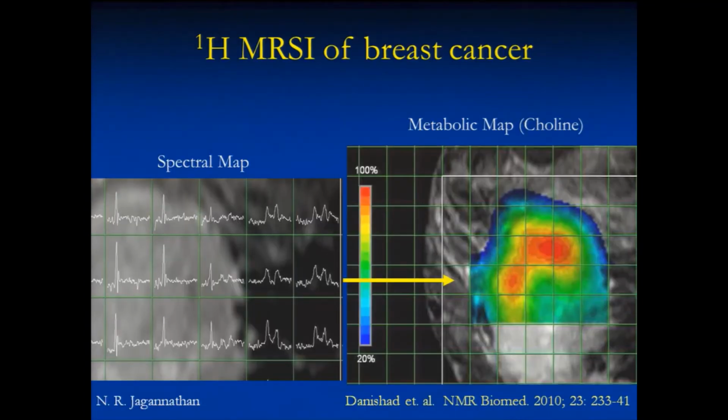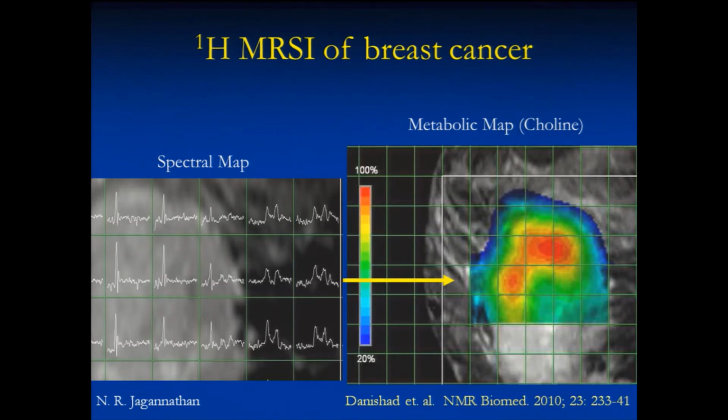The same group has also done magnetic resonance spectroscopic imaging. Here's a spectral map of these voxels in the tumor, and here's the normal surrounding tissue. If you look at the spectra in each voxel, the choline peak is quite high within the tumor.